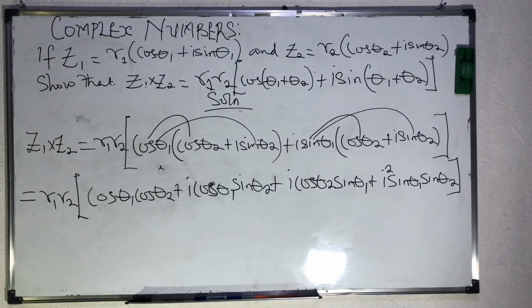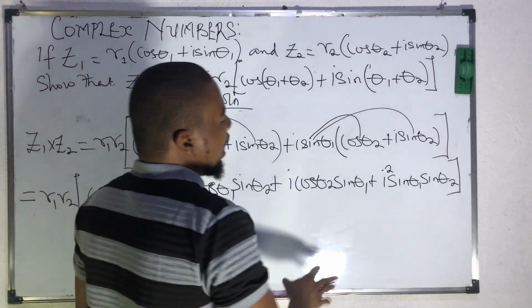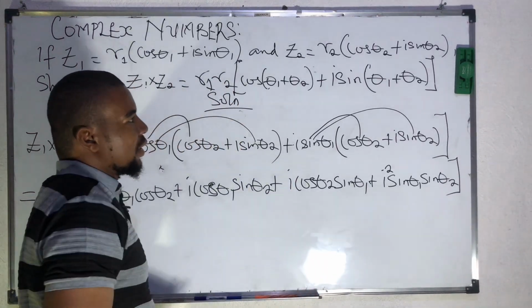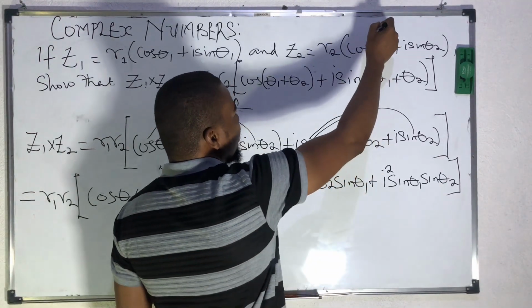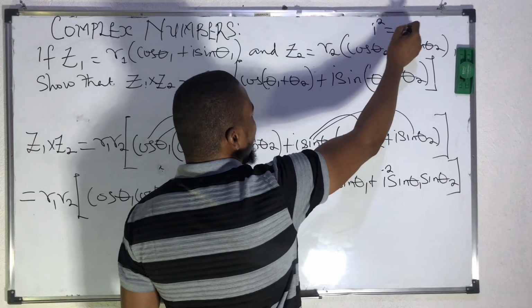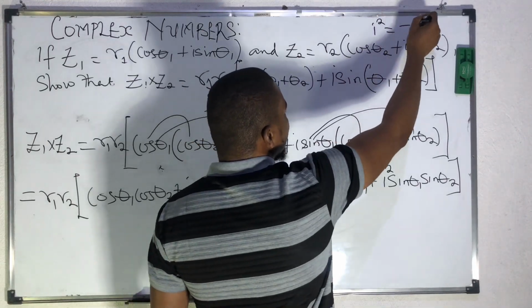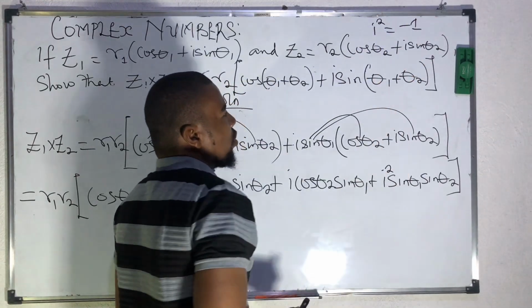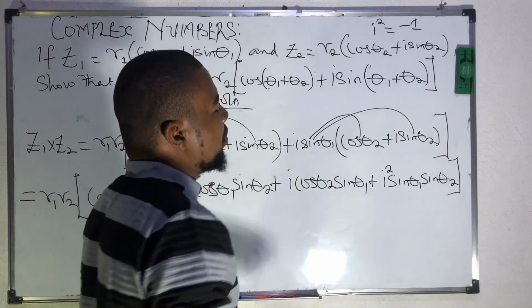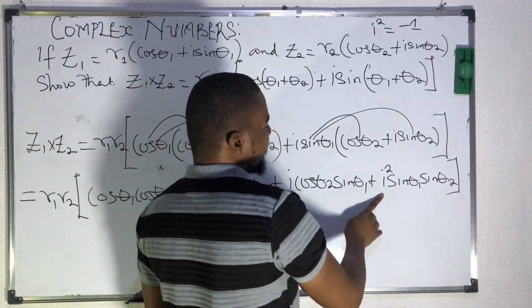Now, we need to remember that we have an identity in complex numbers that says if you have i squared, this is equal to -1. So wherever we see i squared, we simply replace it with -1.